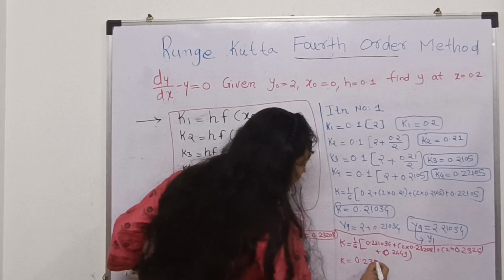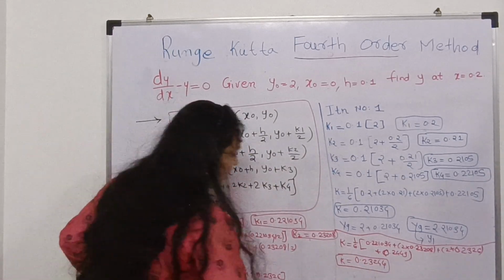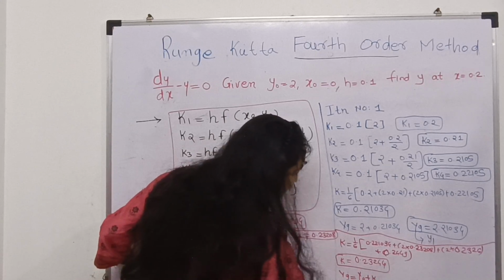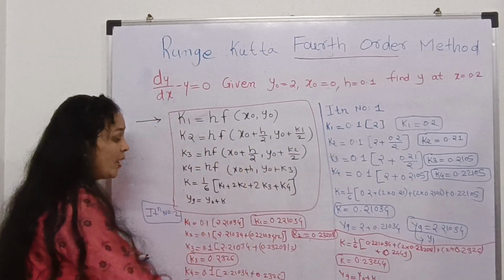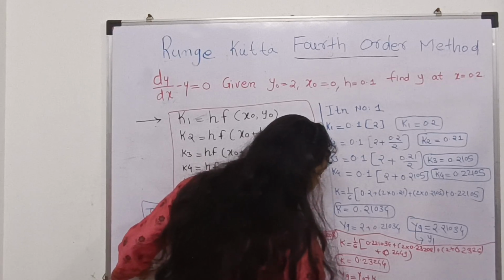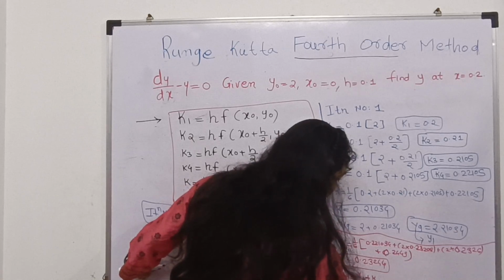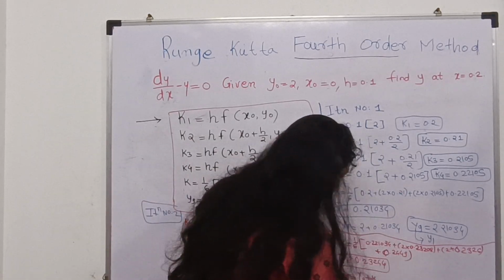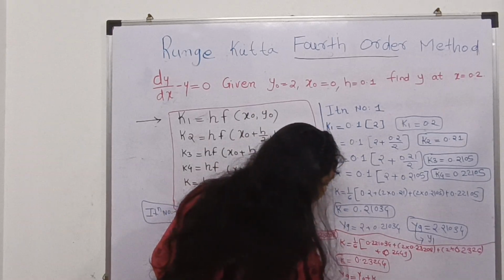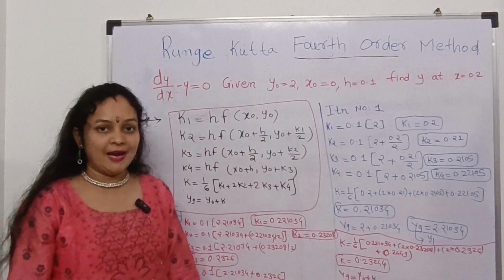So you get 0.23244. Now calculate the next yj, that becomes y0 plus k. So y0, now this value, is 2.21034 plus the k value 0.23244. If you calculate simply, the yj value becomes 2.44803. So this is the yj value.